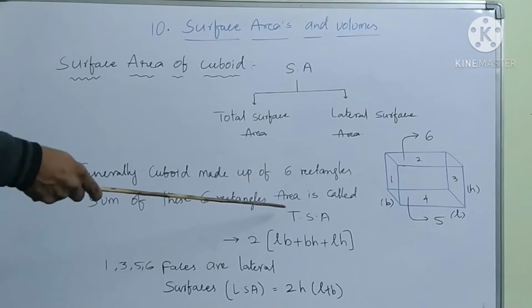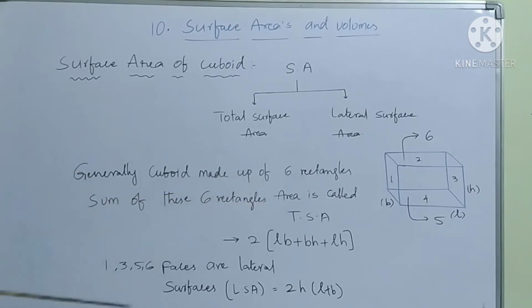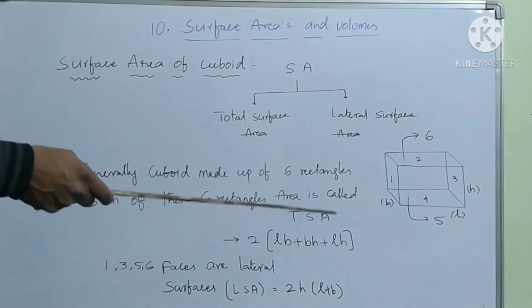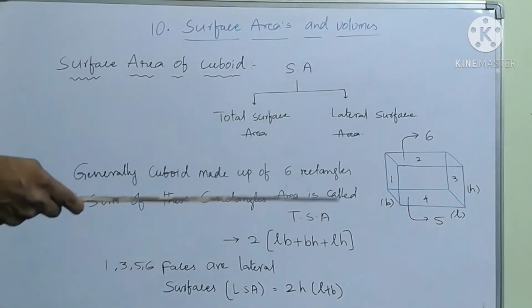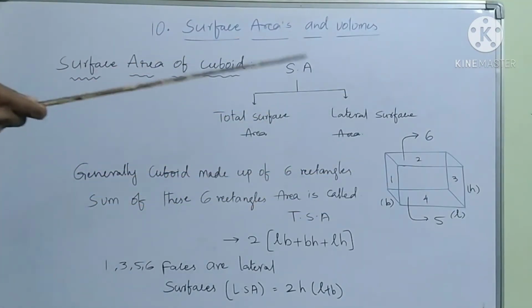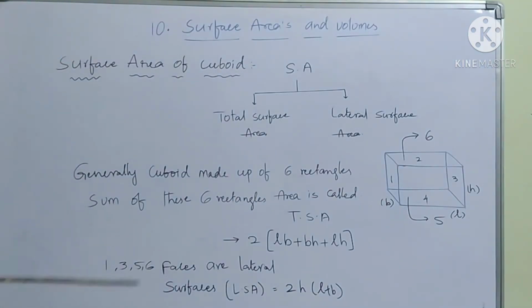And next one, lateral surfaces are 1, 3, front face is 5, back face is 6. These faces are called lateral surfaces. This surface area is called lateral surface area, equal to 2H into L plus B.